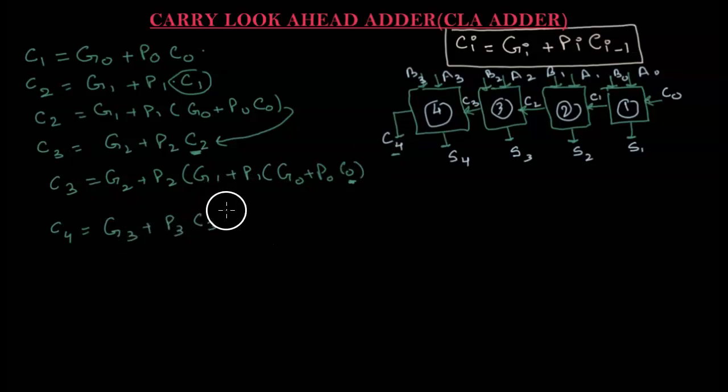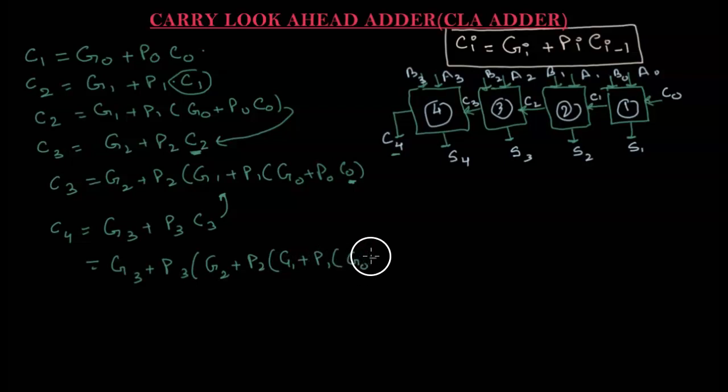Now substituting the value of C3 from the previous stage, we have a very big equation which is G3 plus P3, and substituting C3 we have G2 plus P2, where C2 is G1 plus P1 and we have C1 as G0 plus P0 and C0. This is C4.